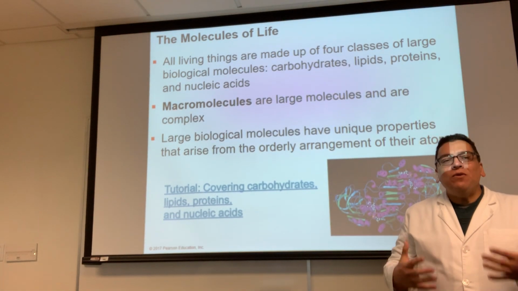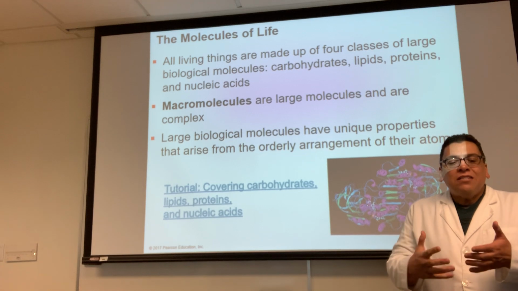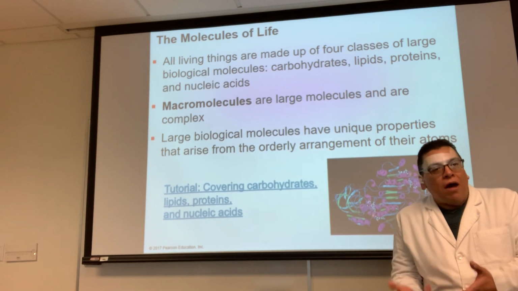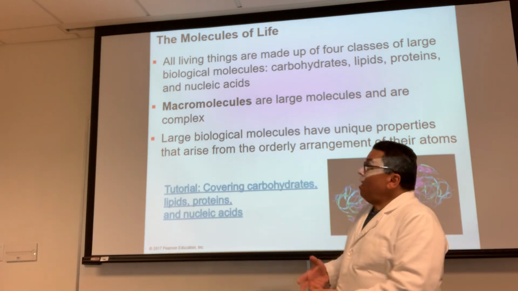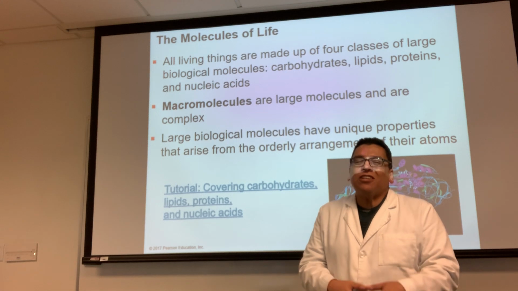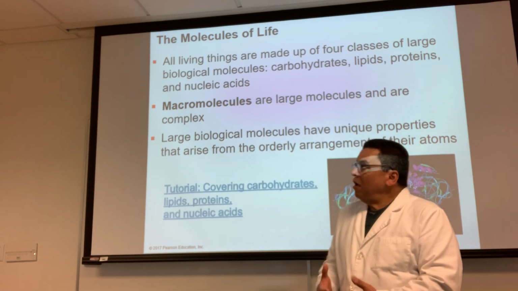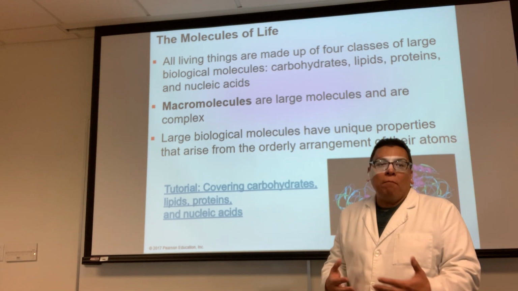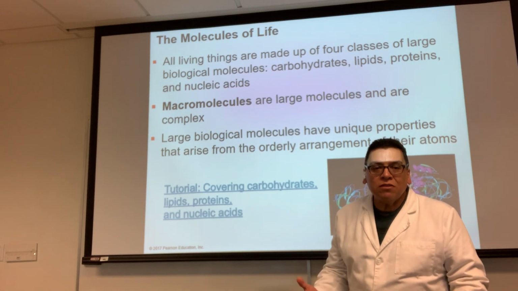Monomers are the subunits of life. So the subunit of a carbohydrate is called a monomer. A subunit of protein is called a monomer. That's the general word for it. The subunit of a nucleic acid is again called a monomer, but they have different names.